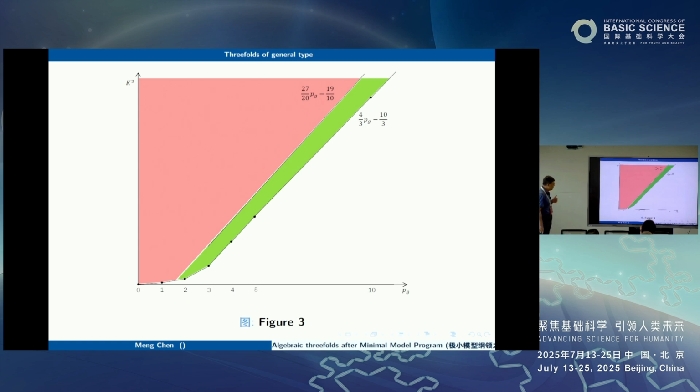And secondly, we know that it has a double covering structure onto either a P1 bundle over some surface, or a P2 bundle over some curve. So then we started our work last year.